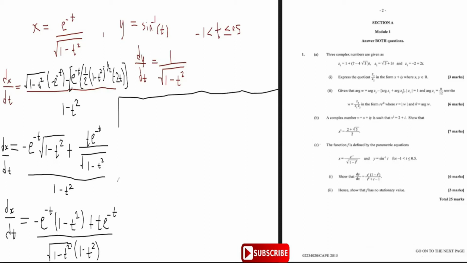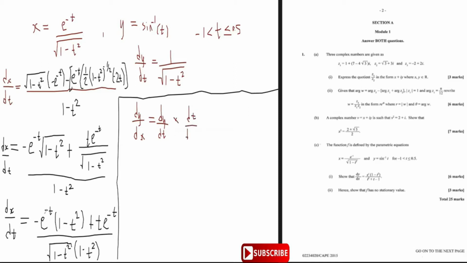So let's just separate them. So that's dx by dt. Now remember, what we want is dy by dx. So let's get back to what we really want. So dy by dx, we know that dy by dx is of course equal to dy by dt times dt by dx. Now you may ask, but sir, we don't have dt by dx.